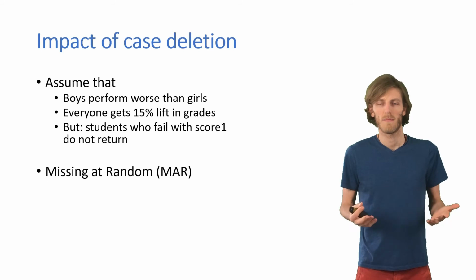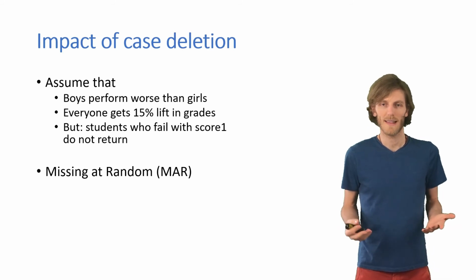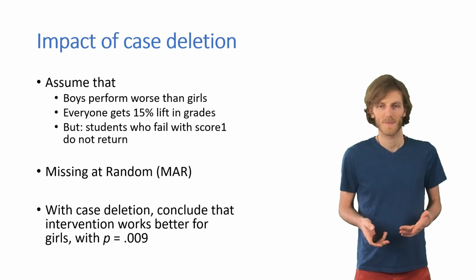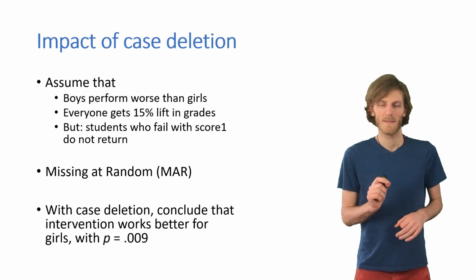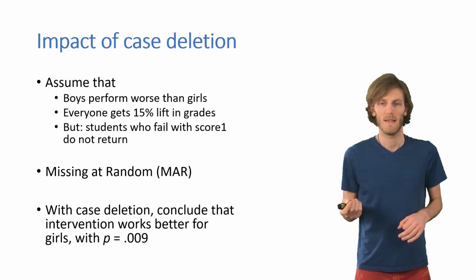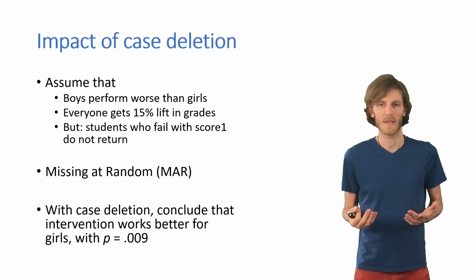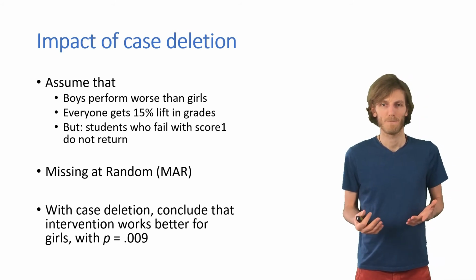If we now don't really think about missing data, do case-wise deletion, we'll see that under these assumptions, girls end up performing or experiencing a greater impact of the mentoring program than boys.